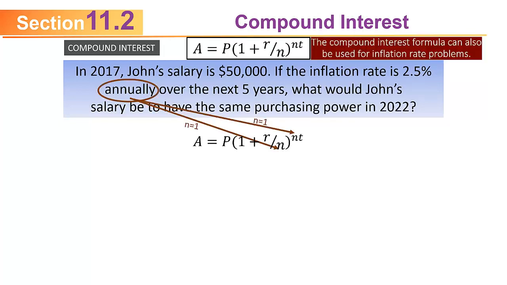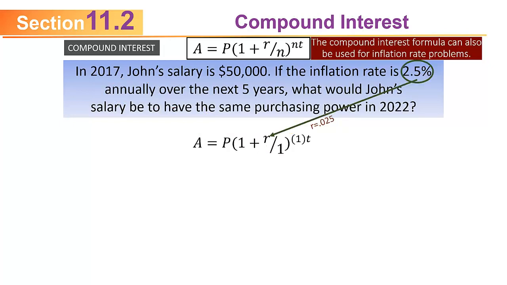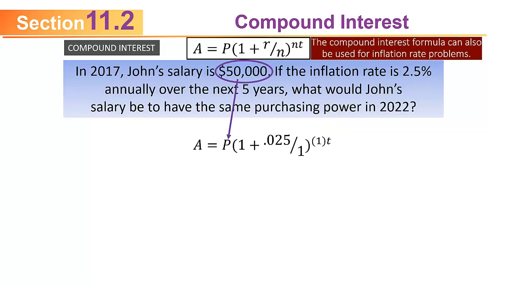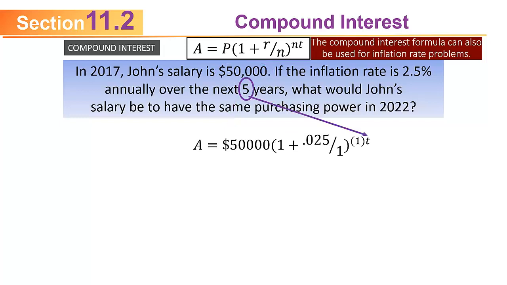So we use the same formula, and we notice that the rate is annually, so that means we're compounding once per year, so N is 1. The interest rate is 2.5%, so that's going to be 0.025 when you change it to a decimal. The principal is the starting salary, which is $50,000. We're looking over a course of 5 years, so T is 5.